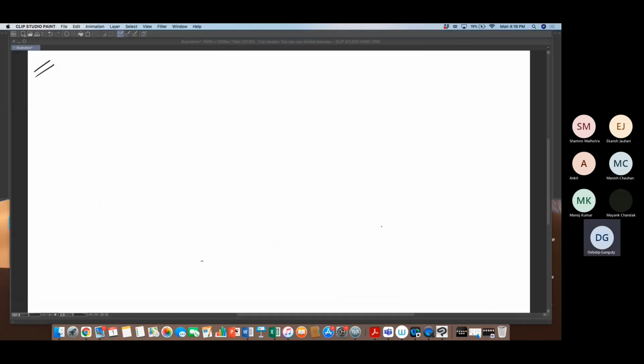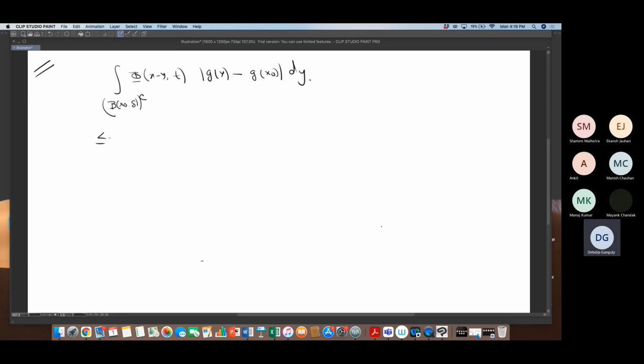Can you see the white page? Okay. Now we have the integral over the complement of B(x naught, delta) of phi(x minus y, t) times g(y) minus g(x naught). How to tackle this? One way is, g is given to be in L infinity, right? So this is less than some constant M, because it is bounded by the modulus of g plus the modulus of g(x naught), right?